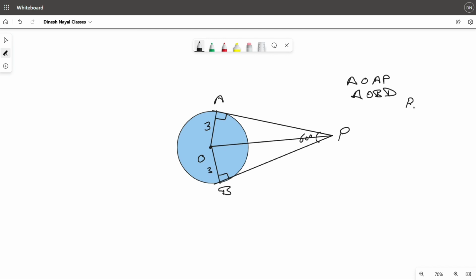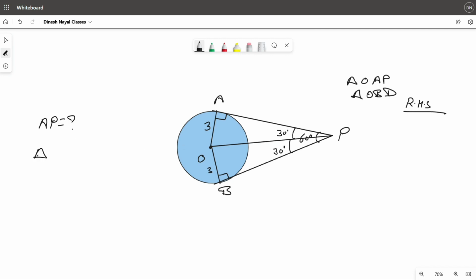So by RHS, these two triangles are congruent. When these two triangles are congruent, these two angles are 30 and 30 each, since 60 will be equally divided. Now we have to find the length of AP. Since AP and BP are both equal, we have to find the length of AP.